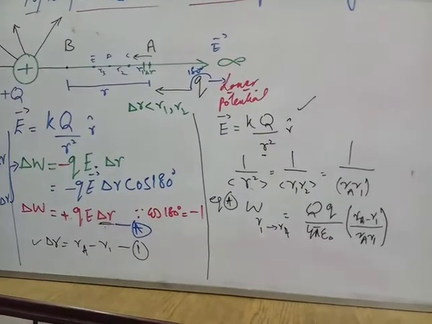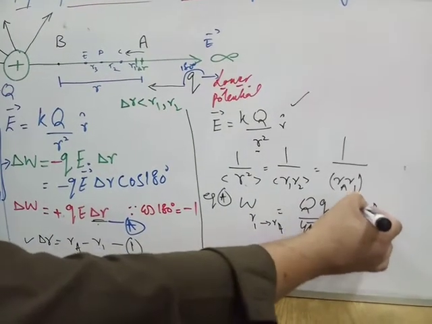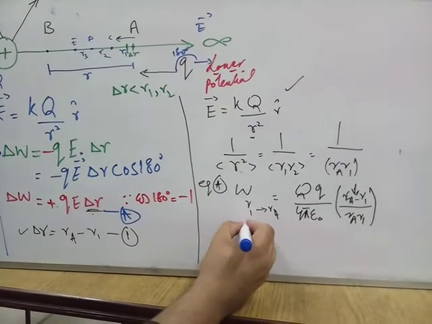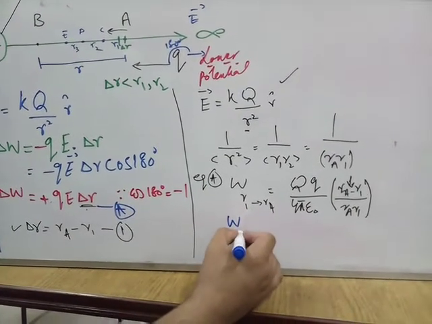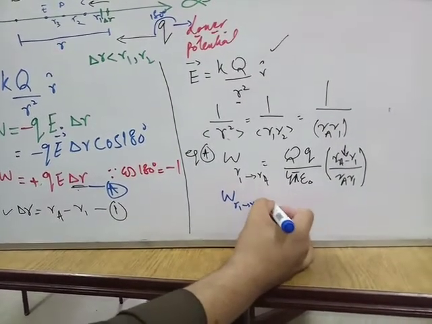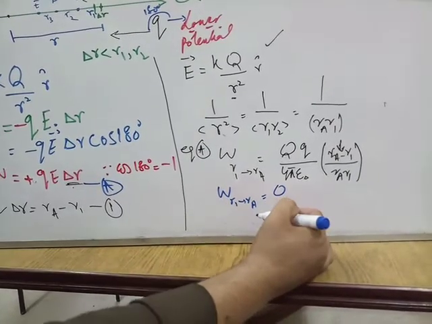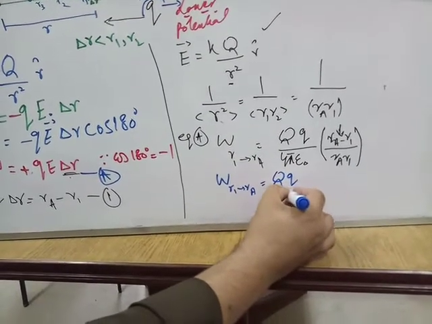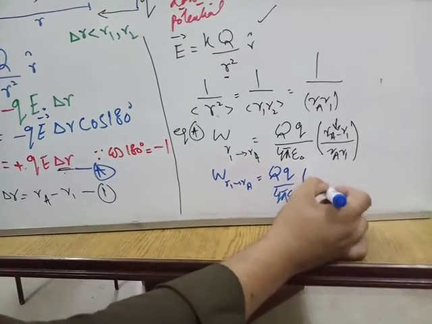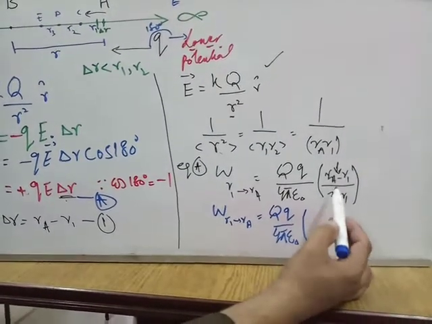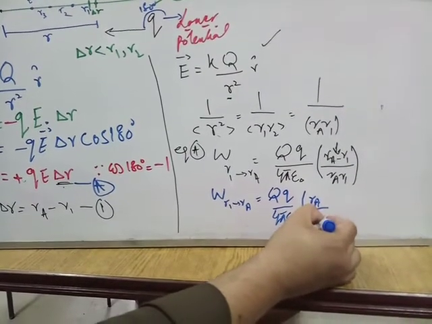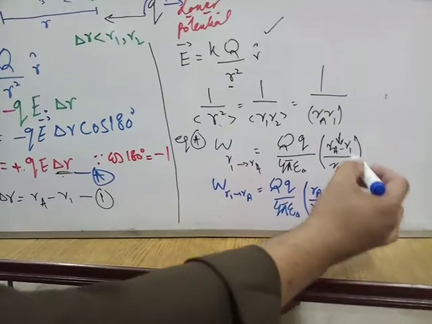If we write this equation, we break it from that point. So we can have the equation: the work done from R1 to RA is equal to Qq divided by 4 pi epsilon naught, and if we solve that, we have RA over RA R1 minus R1.